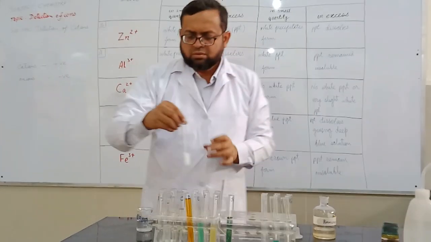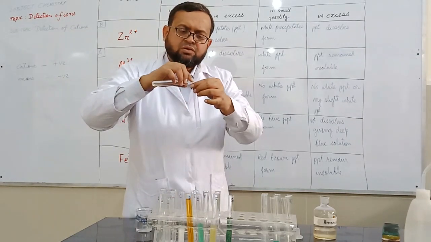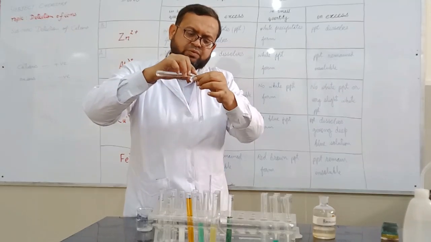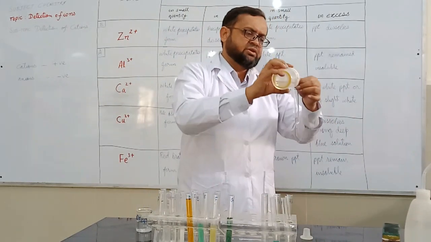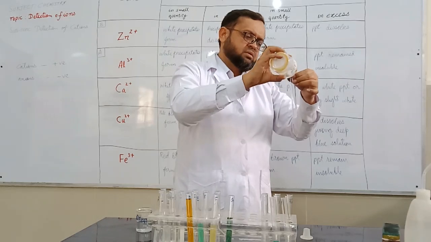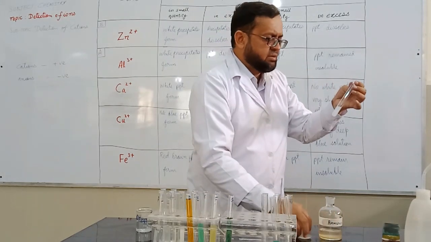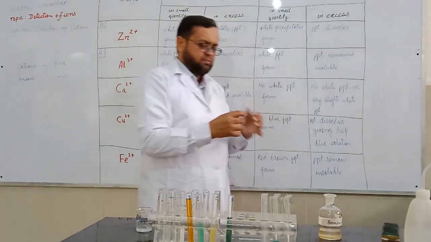Now we'll see the same result. We will perform the same test with ammonium hydroxide. First we will add a small quantity of ammonia. It is giving a white precipitate as before.